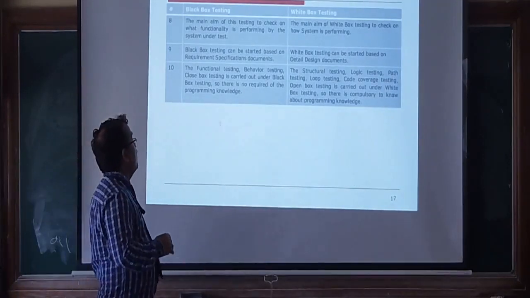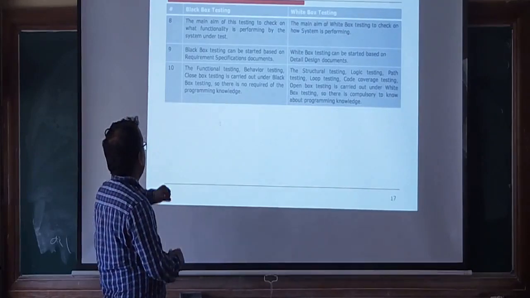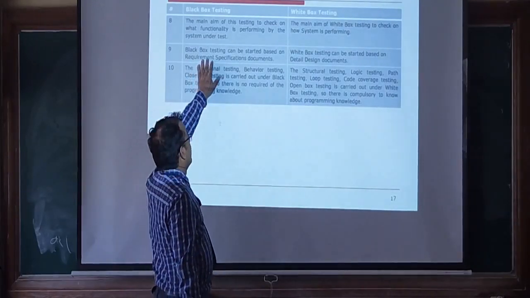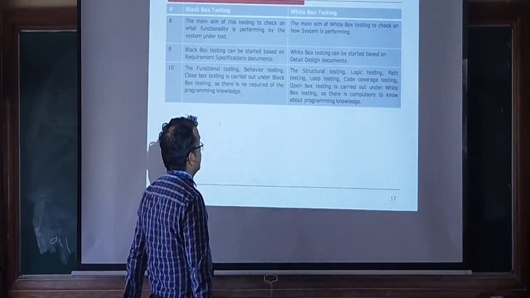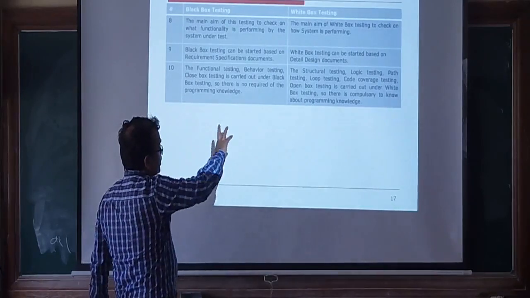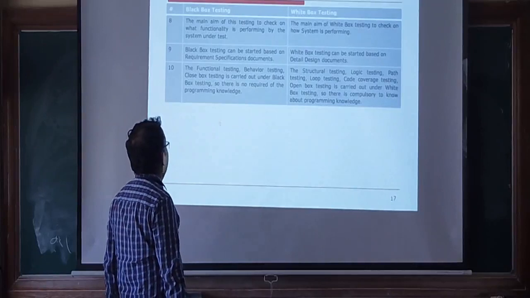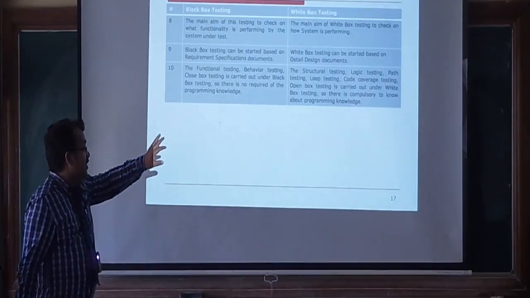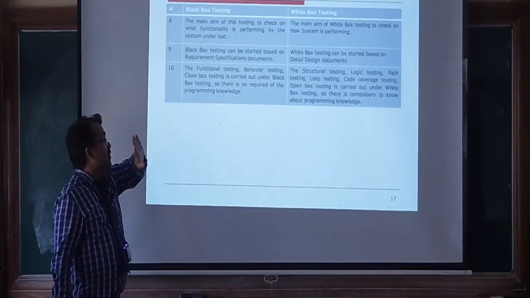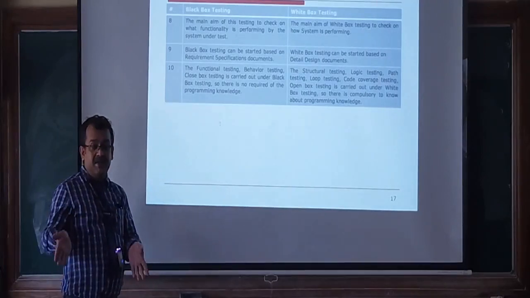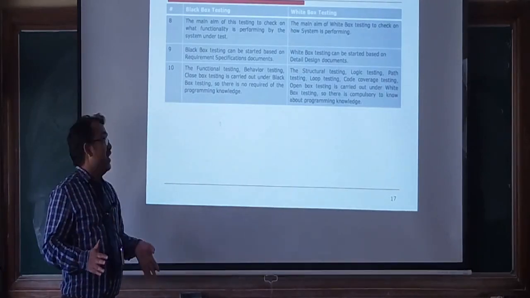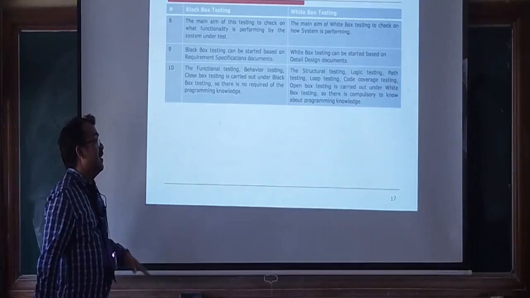The main aim of black box testing is to check what functionality is being performed by the system under test. The main aim of white box testing is to check how the system is performing. Black box testing can be started based on the requirement specification document. When the requirement specification document is ready, you can design the test cases for black box testing.